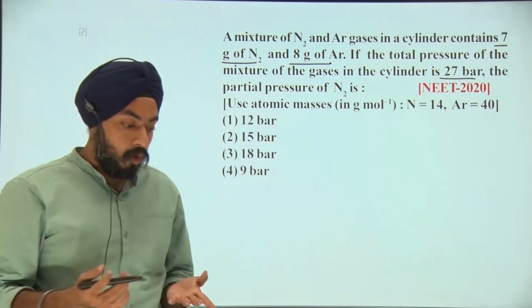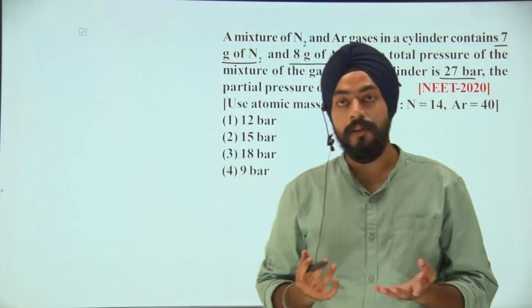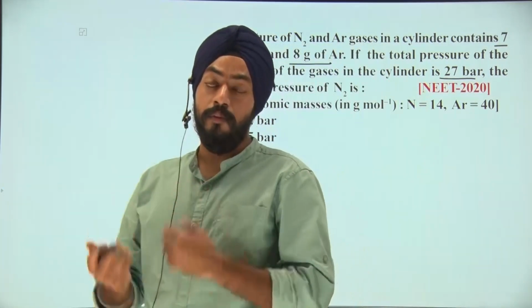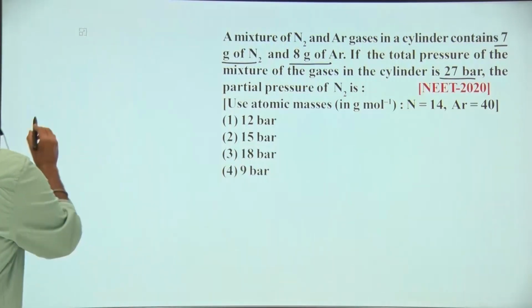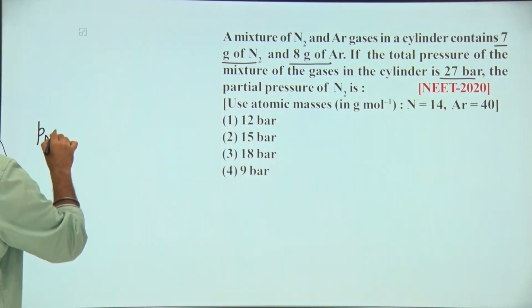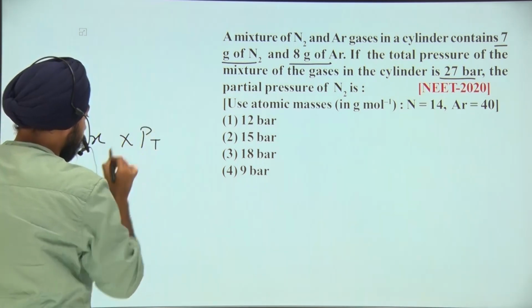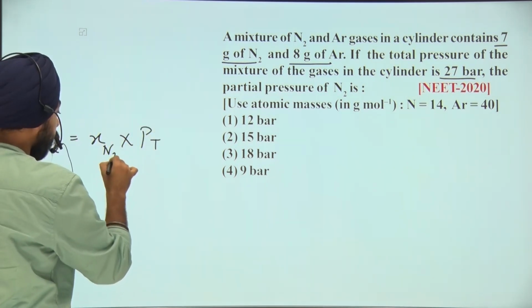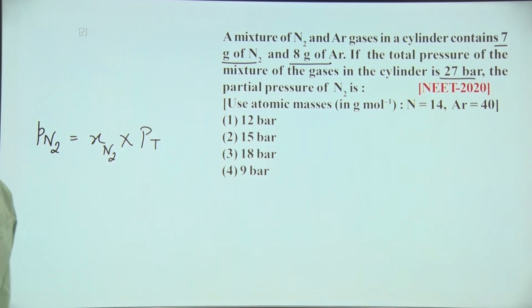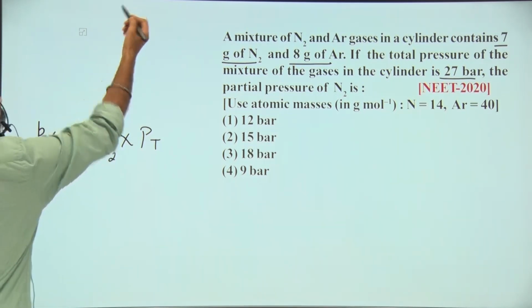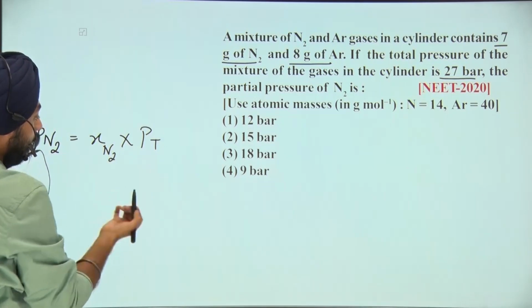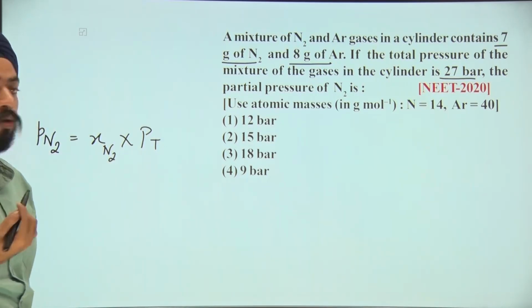Now students, we all know that for calculating the partial pressure we have to know the mole fraction. The formula for the partial pressure is mole fraction times total pressure, and the mole fraction will be of N2. So for calculating the mole fraction of N2, we have to know the moles of nitrogen and moles of argon.